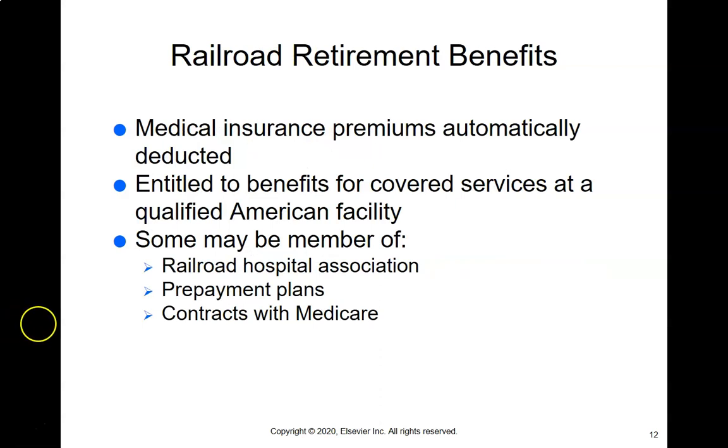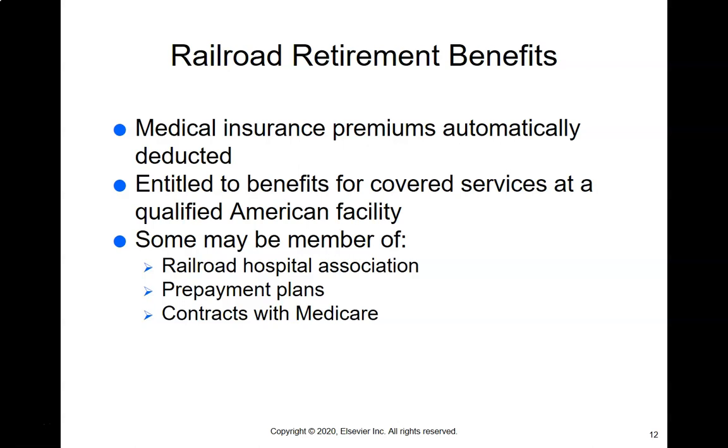Railroad Retirement Benefits. Railroad Retirement Board offices maintain eligibility records for Medicare. Many prepayment plans make arrangements for Medicare to receive direct payments for services it furnishes under Medicare Part B. The Medicare Railroad Retiree carrier is usually a different regional Medicare administrative contractor than the standard MAC.